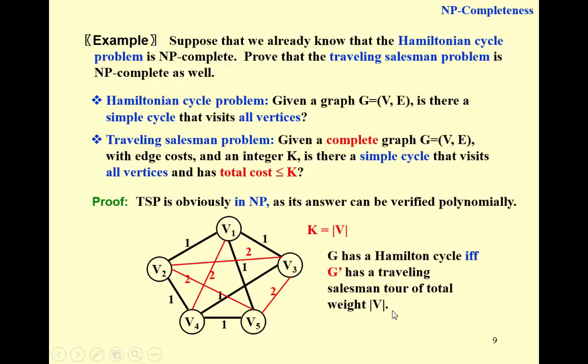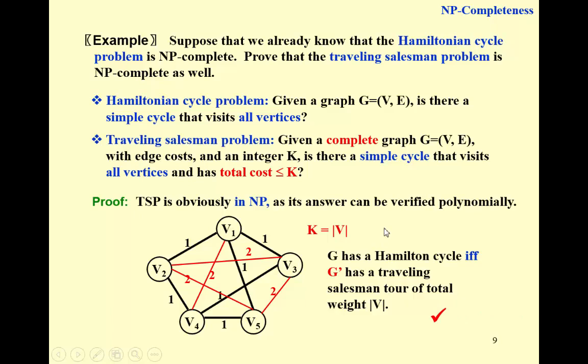And the total weight is V. It means that each edge must have the weight 1. It's impossible to have any edge of weight 2. That means this traveling salesman tour must consist of only the black edges, which means that the original graph must have a Hamilton cycle, and that completes the proof.